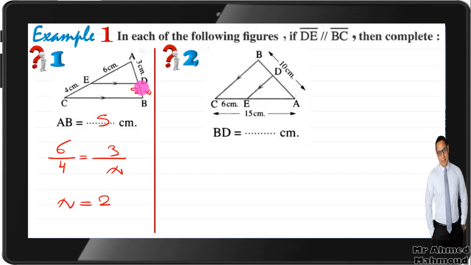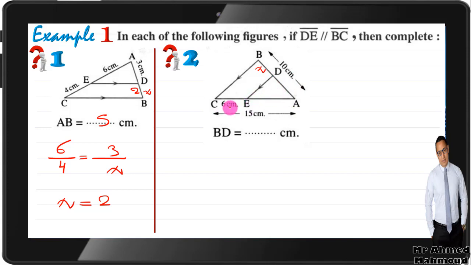Number 2, here we have AC equals 15, EC equals 6, AB equals 10. He asked me about BD, so I'm going to call BD X. Now I can use AE over AC equals AD over AB, but it's difficult to use.